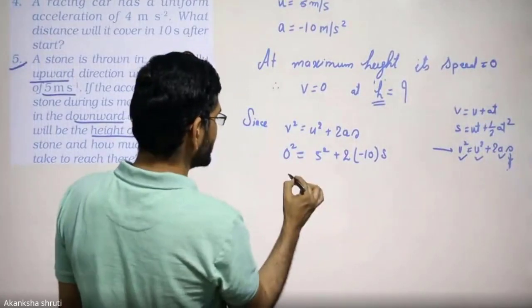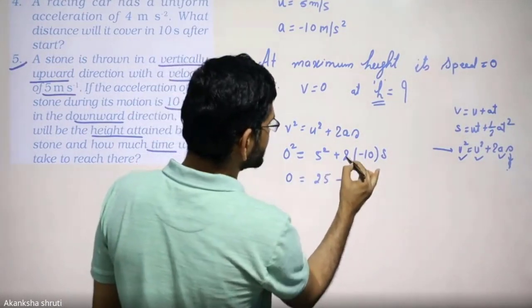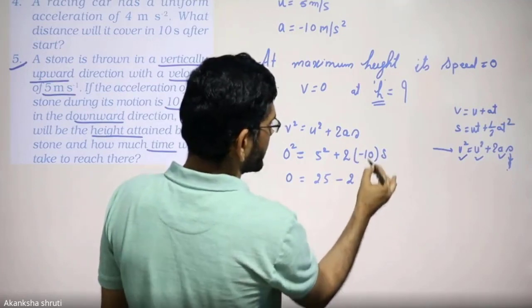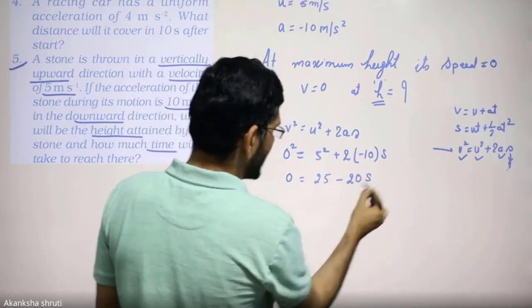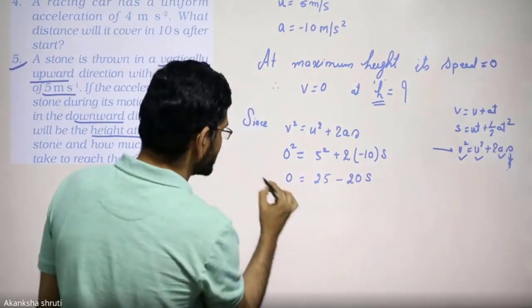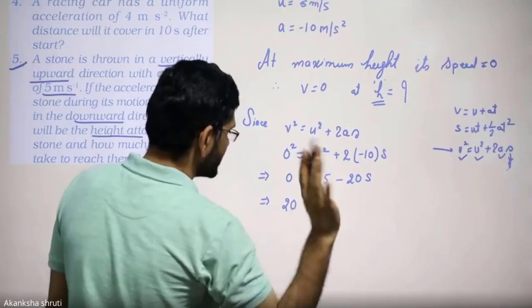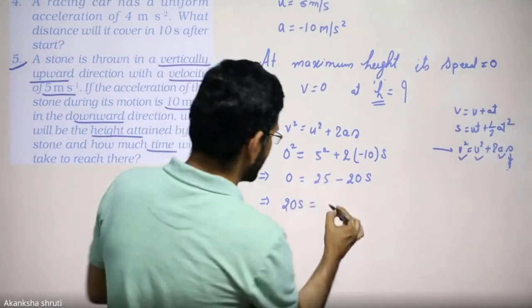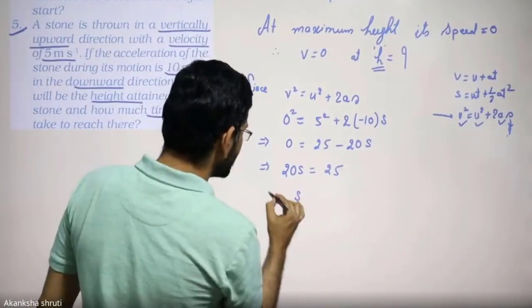Now say this is 0 is equal to 25 minus 20, means 2 into 10 is minus 20, and s. We have to calculate this s, so bring this s on left hand side. So 20s is equal to, on right hand side we have this 25. Okay, student. So just s we have to calculate.